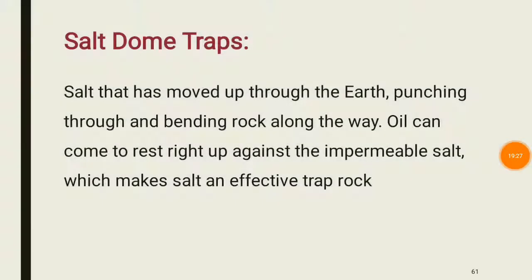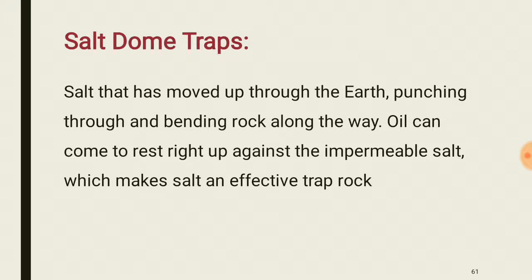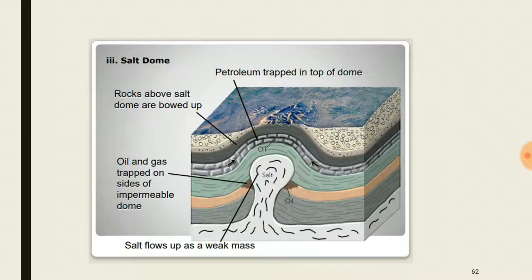For the salt dome trap, a salt that has moved up through the earth, punching through the bending rock. Along the way, oil can come to rest up against the impermeable salt, which makes salt an effective trap. So you can see this is an example of a salt dome trap.